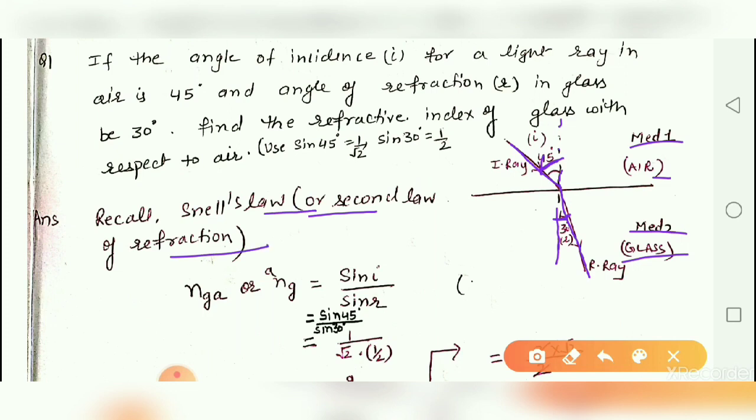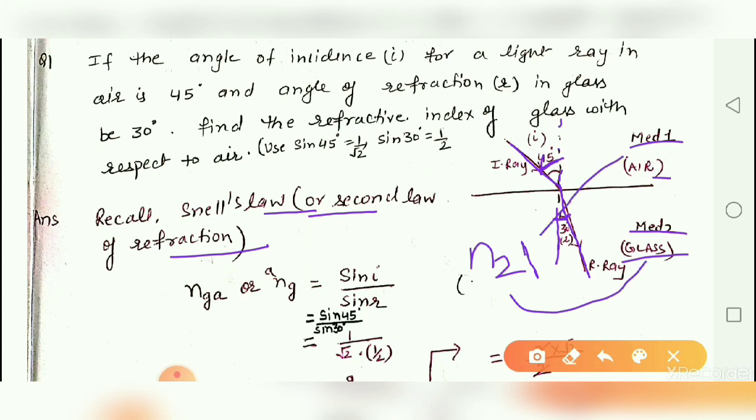According to that law, the refractive index of medium 2 with respect to 1. Here medium 2 is glass and medium 1 is air.